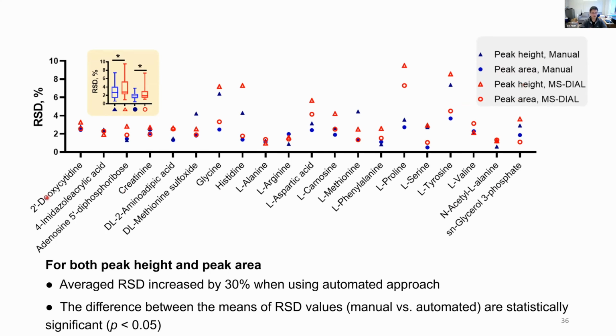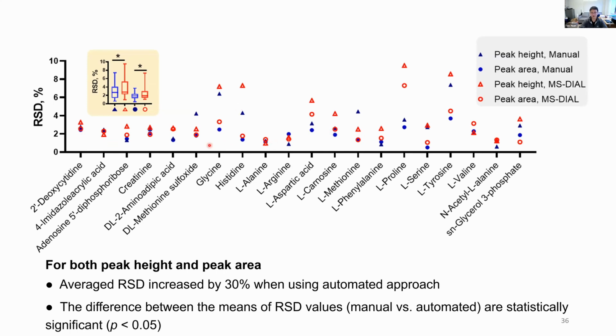Each standard is analyzed 5 times, so you have 5 analytical replicates, so that you can calculate the relative standard deviation for each feature using both the manual approach and the automatic approach. As we can visually see, the automatic approach by data processing software will always lead to a higher RSD compared to manual processing.